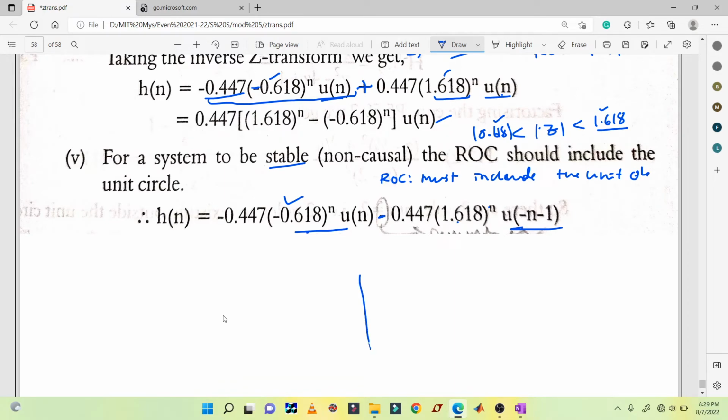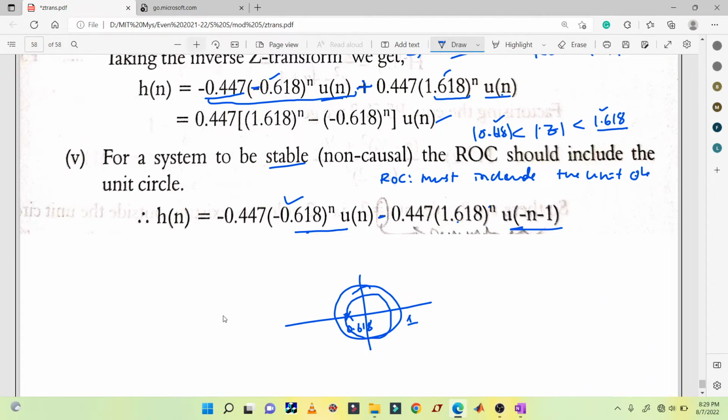For a stable system, what we are assuming is that the ROC must include the unit circle. So we have a pole at 0.618, so let me draw a circle like this.